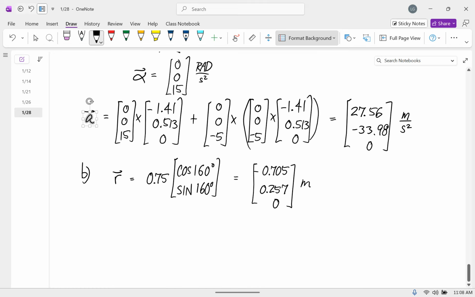And so now, these two stay the same because it's the same rigid body.